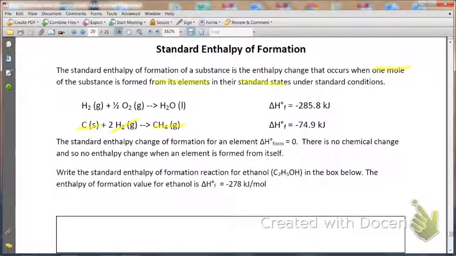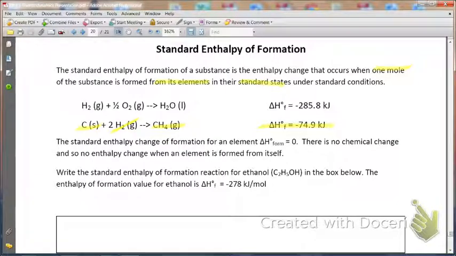And so to balance this equation, if we're going to create 1 mole of CH4, it requires a mole of carbon plus 2 moles of elemental hydrogen to produce an enthalpy change of negative 74.9 kilojoules of energy.